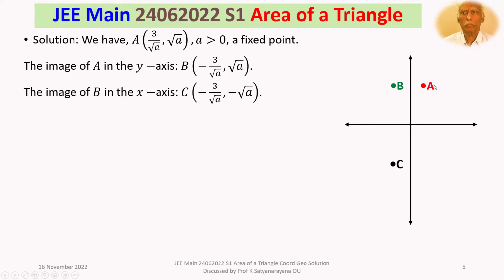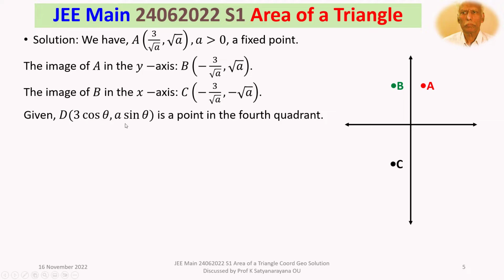So A is in the first quadrant, its image in the y-axis, B, is in the second quadrant, and its image in the x-axis, C, will be in the third quadrant. We are given capital D with coordinates 3 cos theta, comma, a sin theta, a point in the fourth quadrant.